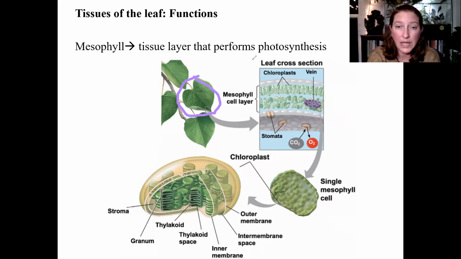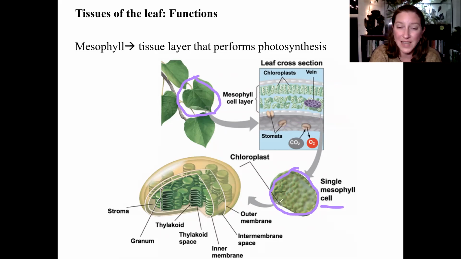And the reason the mesophyll layer is green is because, look, here's one mesophyll cell. And it looks basically like a green blob, right? Well, inside of those mesophyll cells are lots and lots of green blobs, basically. This is a single mesophyll cell with lots of green blobs inside of it.